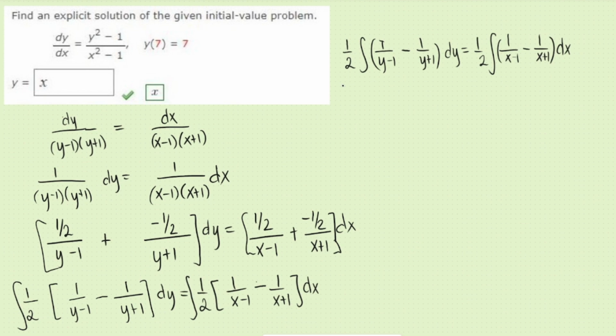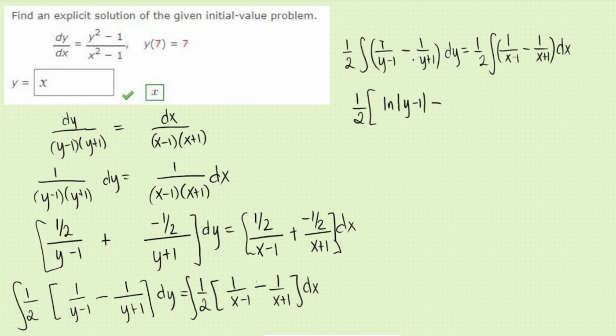So, since we know that the integral of 1 over y minus 1 is just ln of y minus 1, take the absolute value, right?